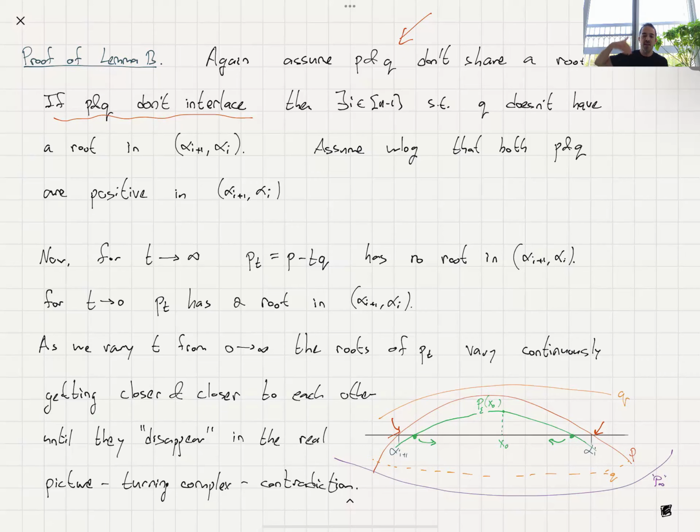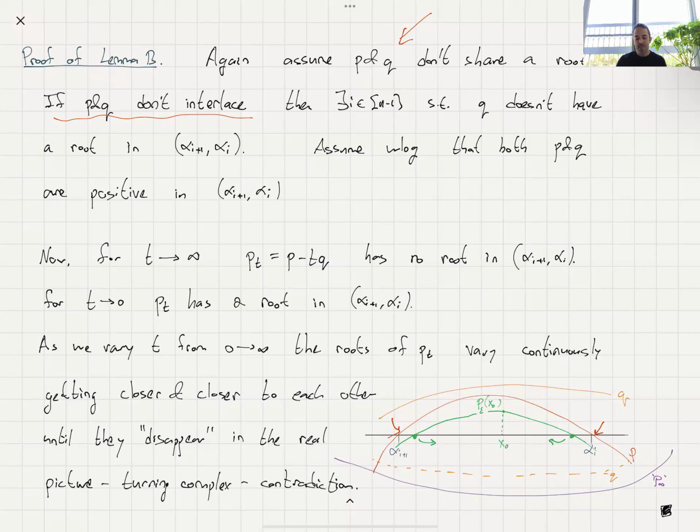Let's assume that both P and Q are above the x-axis. Because P doesn't have a root between alpha i and alpha i plus 1. These are consecutive roots. So it either lies completely below or completely above the x-axis, and Q, per our assumption, doesn't have a root. So again, it has to be on one of the sides. Let's assume they're all up.